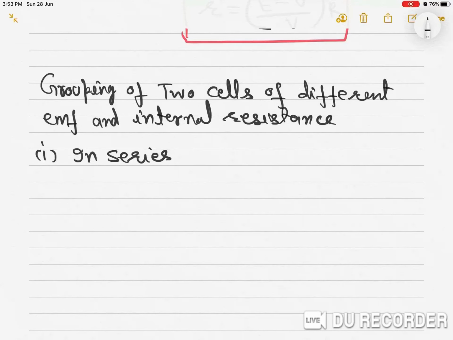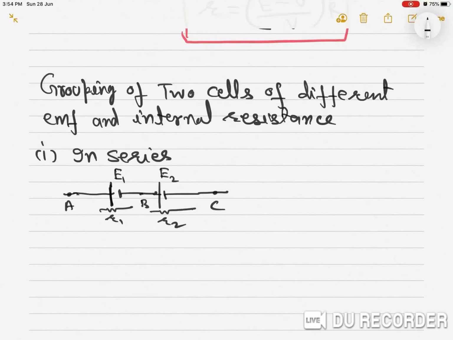Let two cells, its EMF is E1, of second is E2, its internal resistance is r1, r2. This is A, this is B, and this is point C.